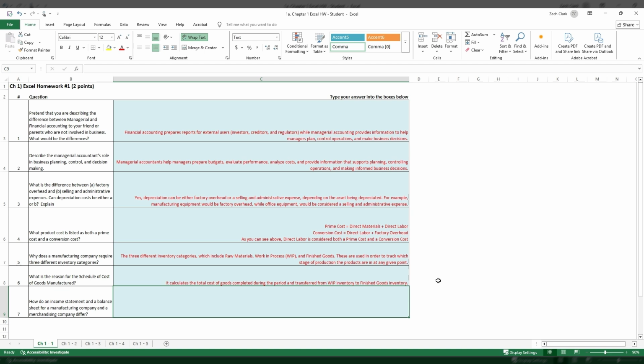Okay, question number 7, the final one here. How do an income statement and a balance sheet for a manufacturing company and a merchandising company differ? As far as the differences go, there's a couple of nuances. These are very different types of businesses, as we've talked about here.